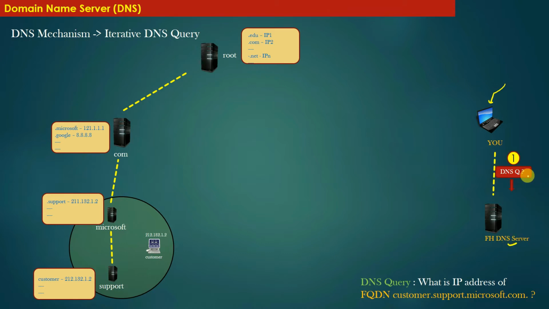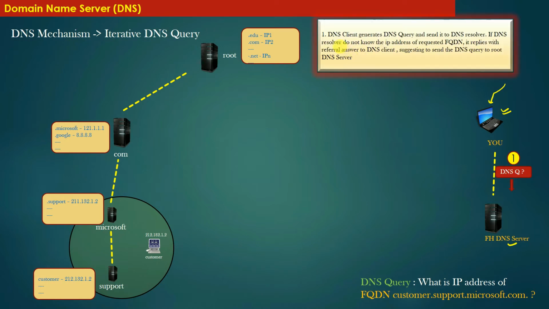This DNS query is all about asking what is the IP address of the fully qualified domain name customer.support.microsoft.com. Remember, in this example, your machine is configured to generate an iterative DNS query. So this DNS query is iterative in nature.